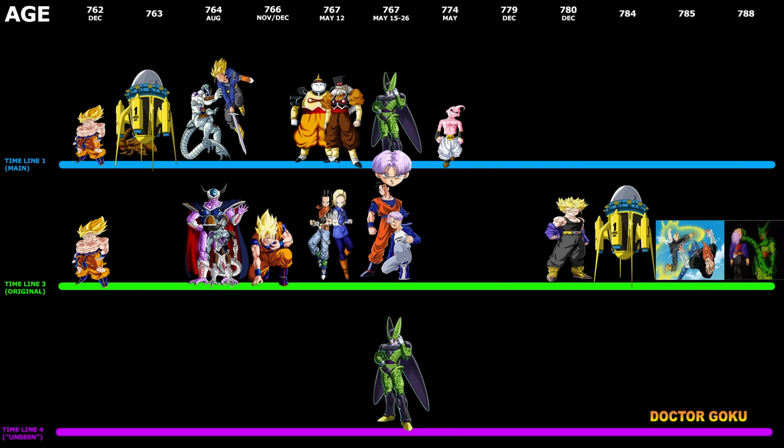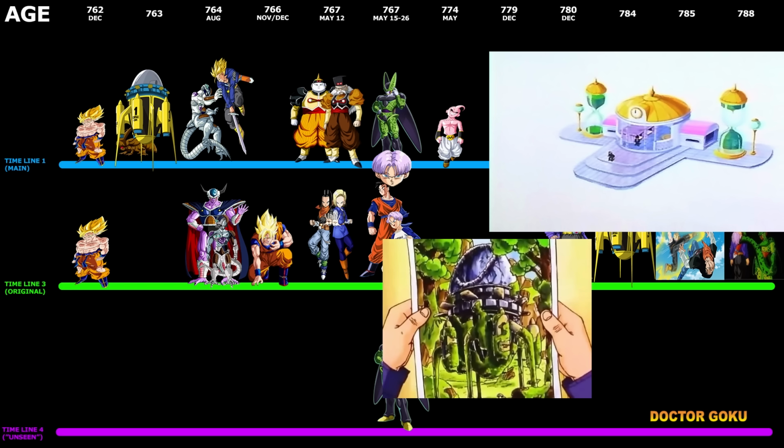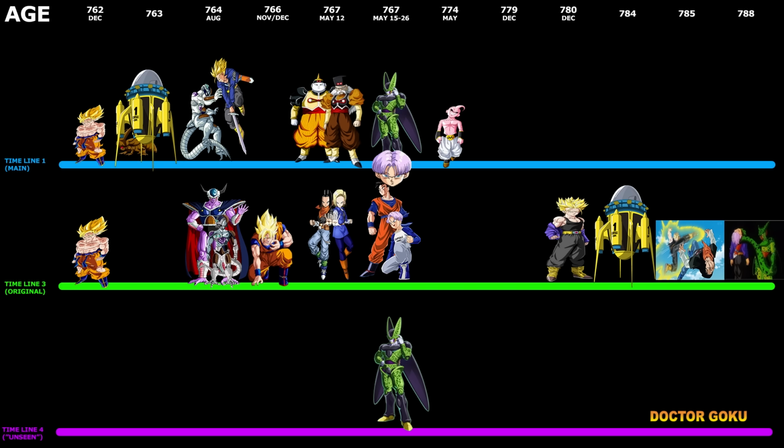Now there's one last timeline left to explain. When Trunks came back for the second time, he could have made one of two decisions. He could have decided to stay and train with Vegeta because he noticed that his time machine was in a photo and Cell existed, or he could have chosen to leave right after finding the android's blueprints and going back to Bulma and having her create a controller to destroy them.